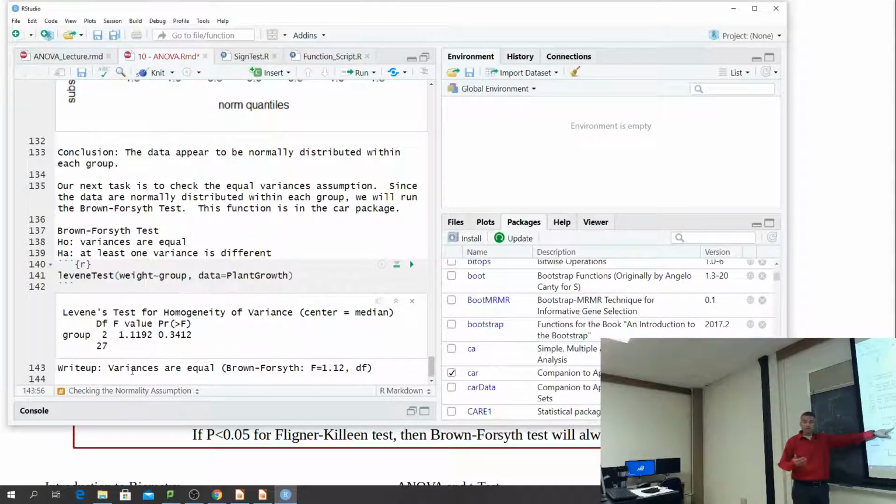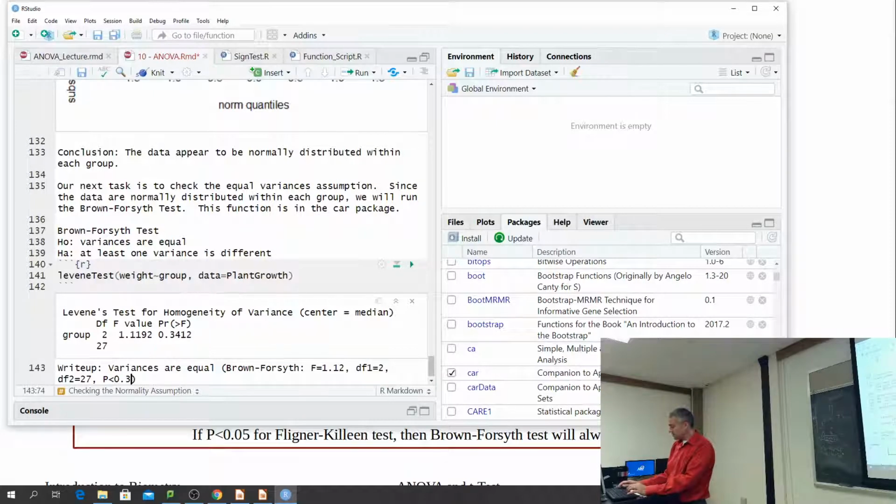We had a total of 30 rows, so n equals 30 minus the number of groups, 3, which gives us 27. That's going to give us the same degrees of freedom as our analysis of variance. So if I was writing it out in a markdown document, I would say df1 is 2, comma, df2 is 27. And then our p-value, 0.32.